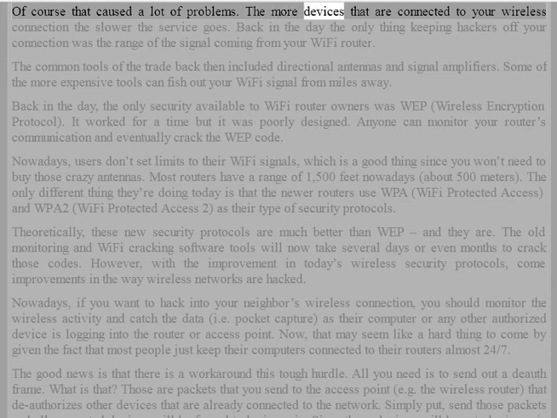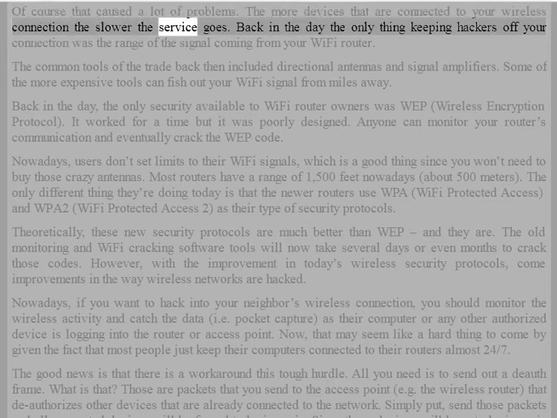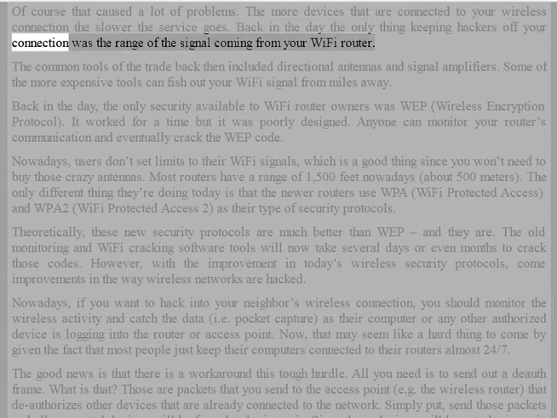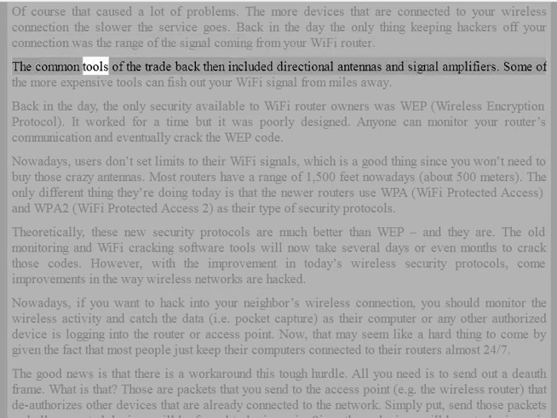The more devices that are connected to your wireless connection, the slower the service goes. Back in the day, the only thing keeping hackers off your connection was the range of the signal coming from your Wi-Fi router. The common tools of the trade back then included directional antennas and signal amplifiers.